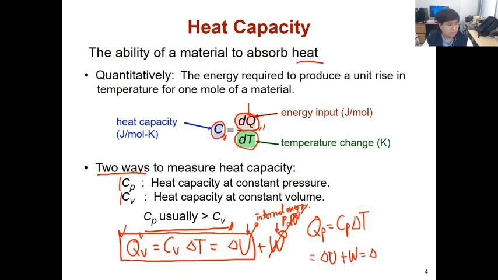The work can be expressed like this. This is a constant, but it can vary, so there is one more term. So Cp can be defined like this.